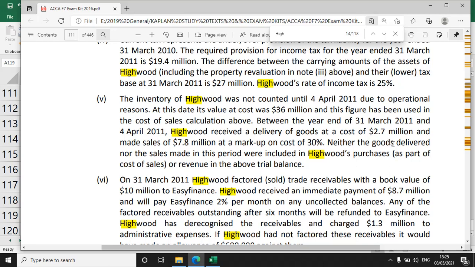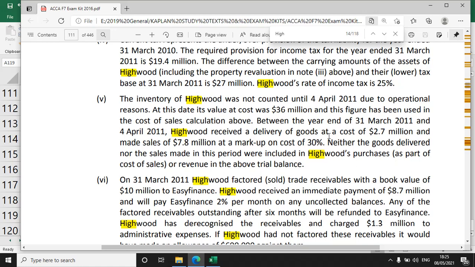So we need to find the correct figure for closing inventory, because some goods came in and some goods were sold. So what we need to do is to add back, if I may suggest that, less what was sold.